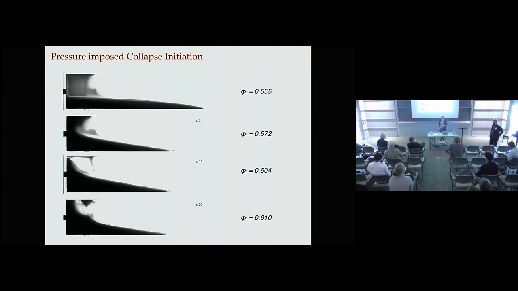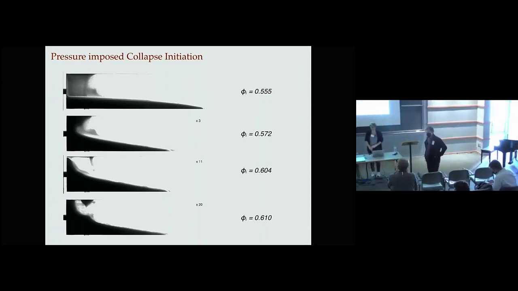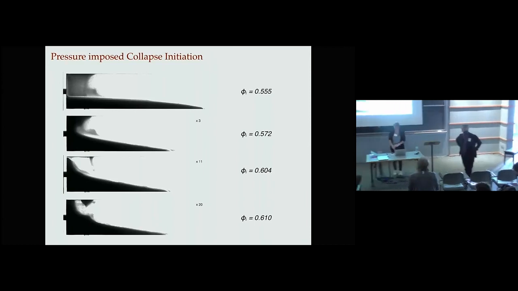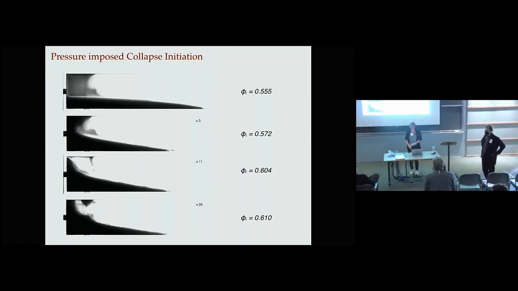We have done some grain resolving simulations of these kinds of granular collapses, and we've looked at the dependence on the volume fraction, and what we find is that as the volume fraction is increased, you generate these preferred failure surfaces, and so I think that has something to do with the orientation. So something that maybe we can look into. Yeah, we can discuss.